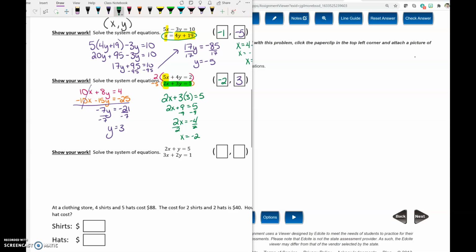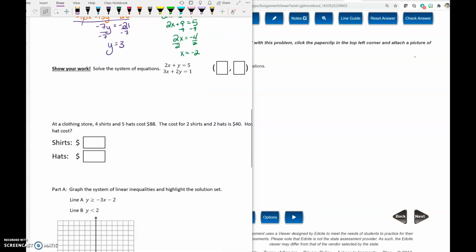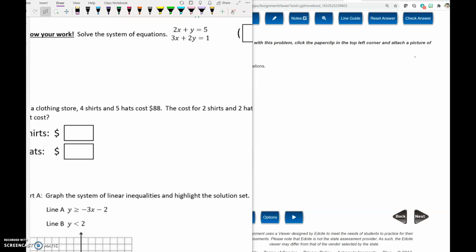The next system of equations, honestly, you could pick elimination or substitution. It is set up nicely for either of them. If you are going to do substitution, I would suggest that you get the y by itself. If you're doing elimination, this is set up to get the y's eliminated. You would multiply the top by negative 2.